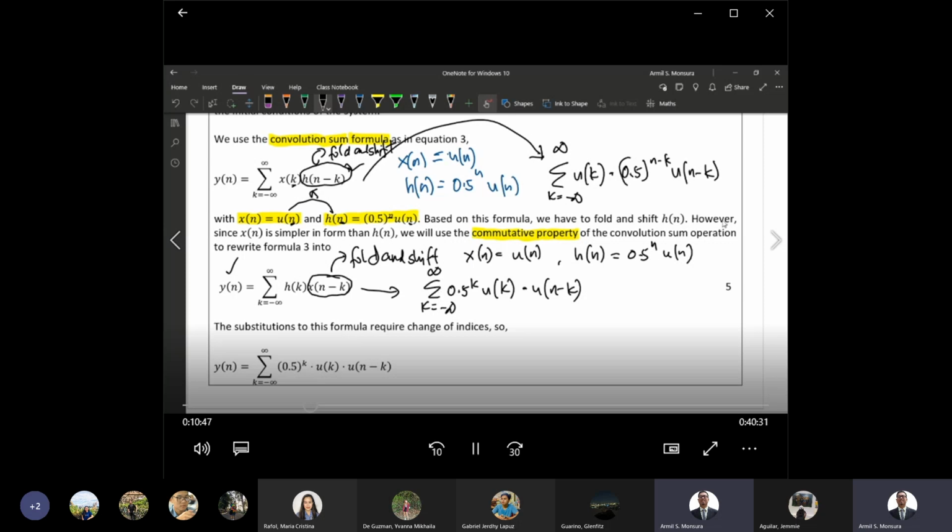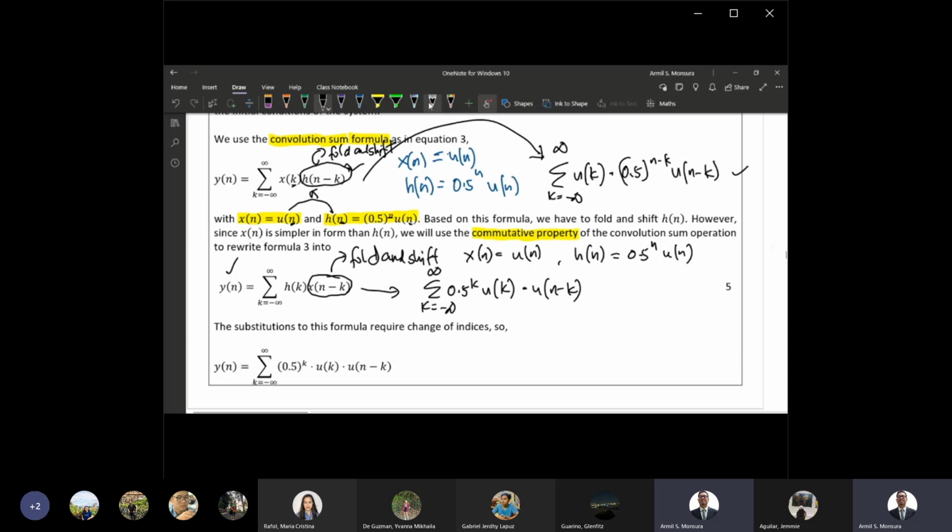Okay. Ngayon, ikumpara niyo yun dun sa nauna natin ginawa. Let's compare that to this one. Okay. So, makikita nyo na mas simple to kumpara dun sa naunang ginawa nating substitution. Okay?